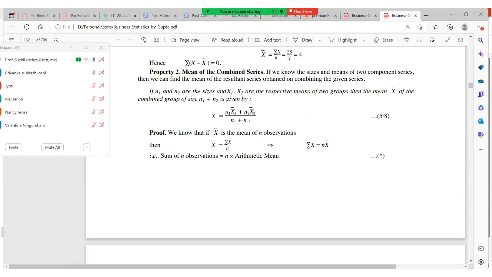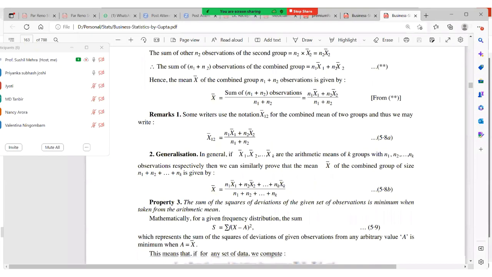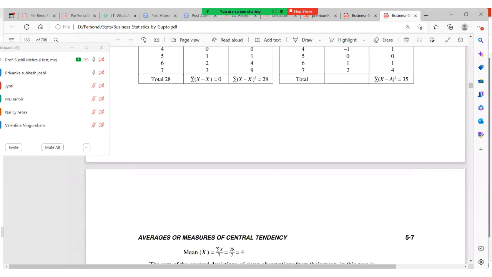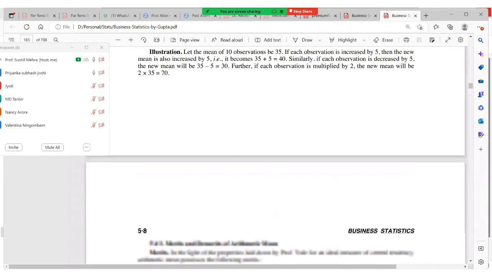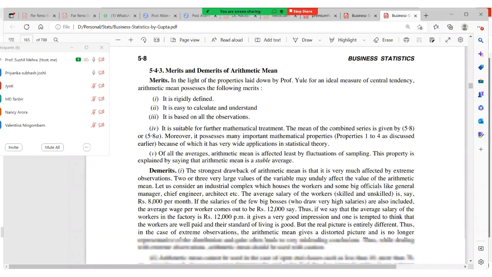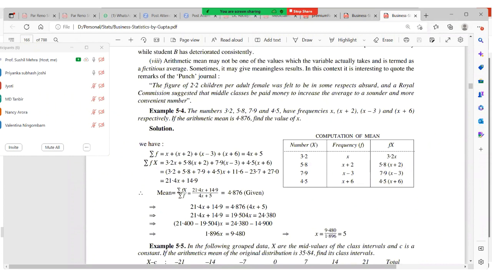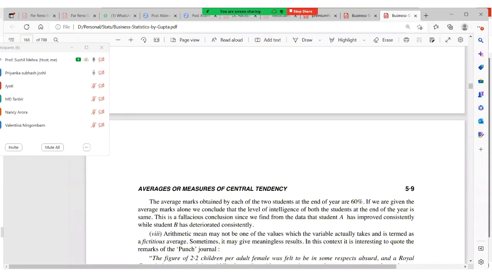For example, there are two sections, section A and section B. I have the mean marks in stats for section A, and similarly for section B, and I want to know the mean of the combined series. So this is the formula to do this. Right, now this is over.